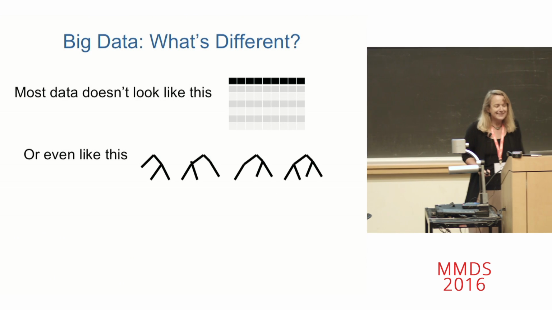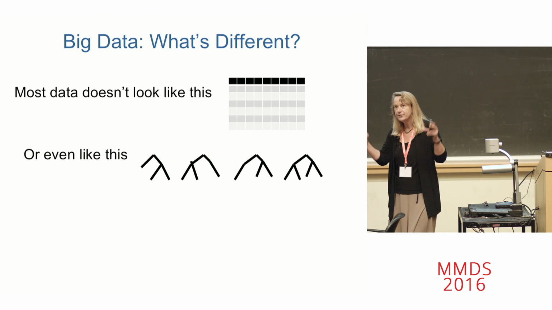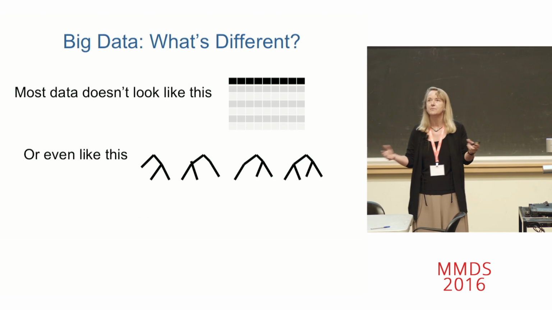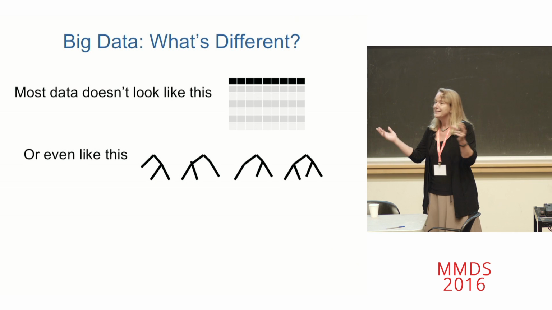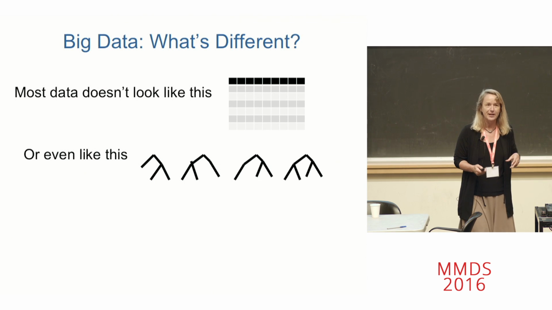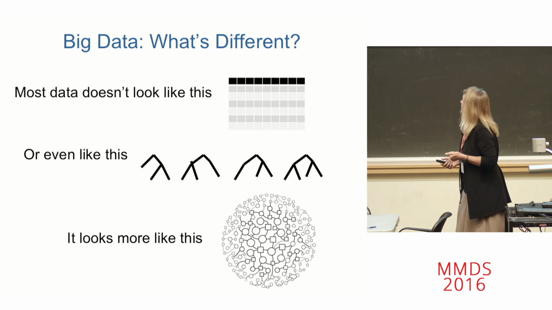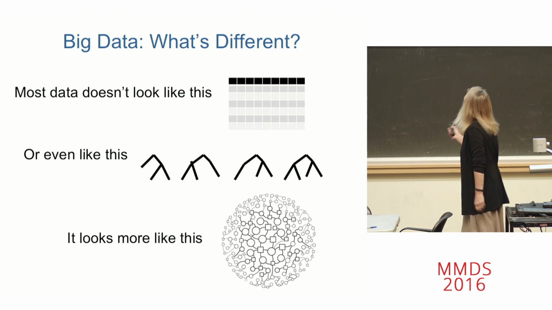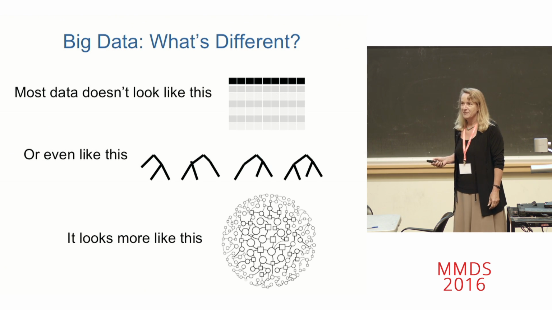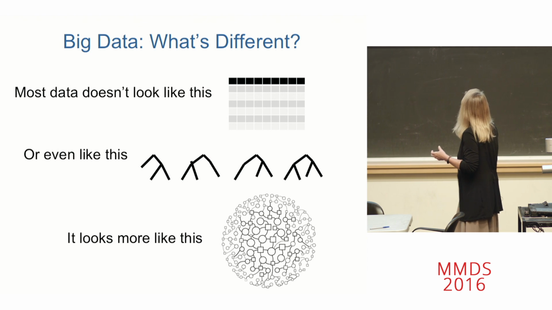And it doesn't even start off as collections of little trees. I mean, sometimes it does. Sometimes in biological data or natural language processing, you can think of parsers of sentences and so on. But usually, what it starts off as is this kind of giant graph-like thing.